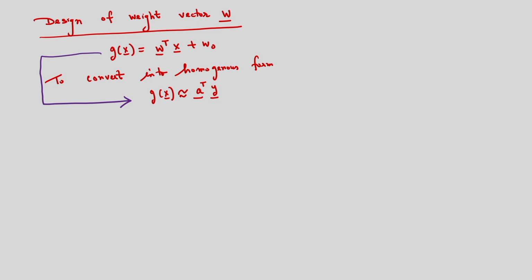In this case, Y is the augmented feature vector. That means this Y is nothing but, we have the d-dimensional feature vector x1, x2 up to xd, and 1 is appended here. So this is the augmented feature vector, and the vector A is the modified weight vector.